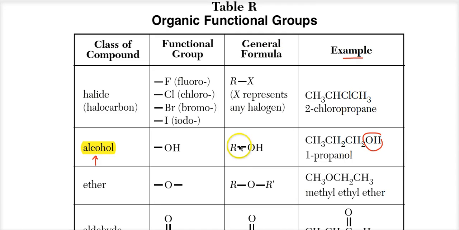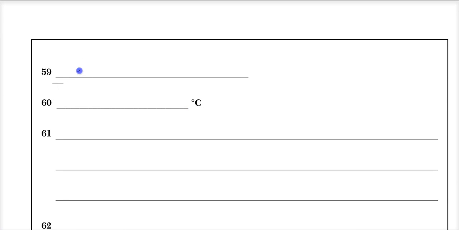And alcohols have a general formula if you need to use that. This R means the rest of a hydrocarbon. There's the R right here. And then you have the OH attached to that hydrocarbon, and that's called an alcohol. So that's just recognition from table R if you didn't know ethanol was the alcohol in, let's say, wine, liquor, and beer. So we put alcohol.